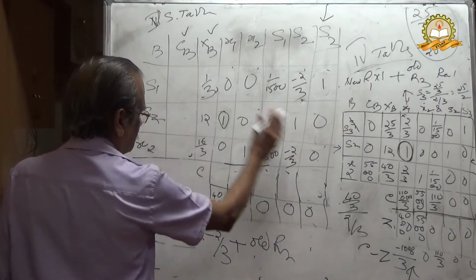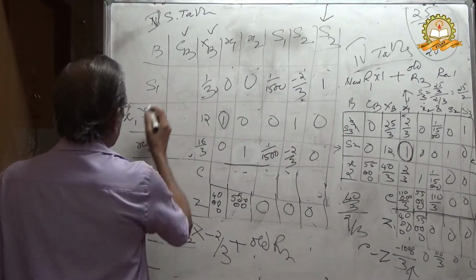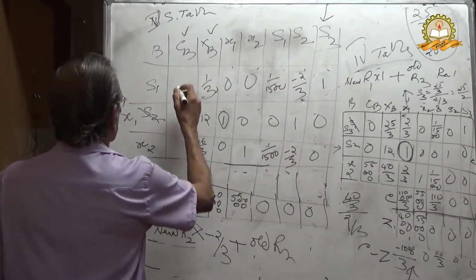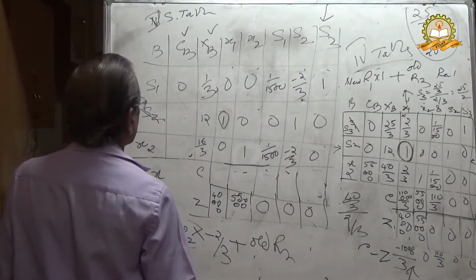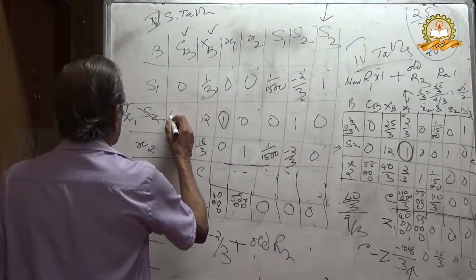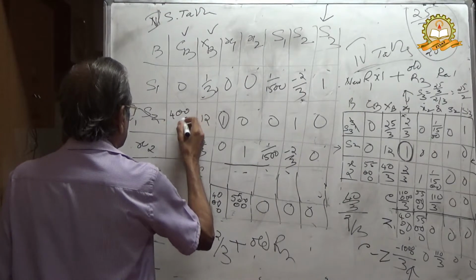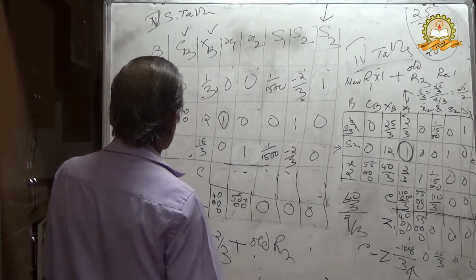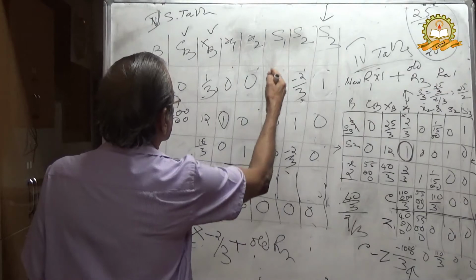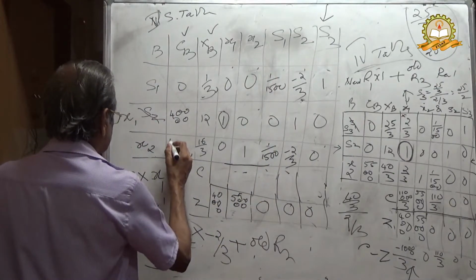Therefore, this is filled, S1 equal to 0. Then x1 becomes 40,000. Then under x2, 55,000.